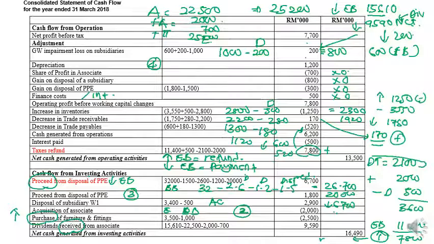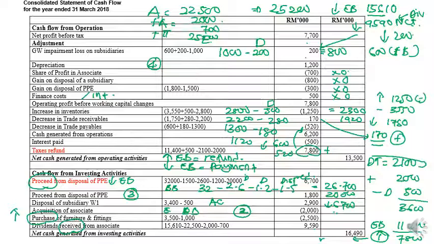And then compare with the ending balance. The ending balance that we have for the investment in associates here was 15,610. So reducing here means that you received a dividend.